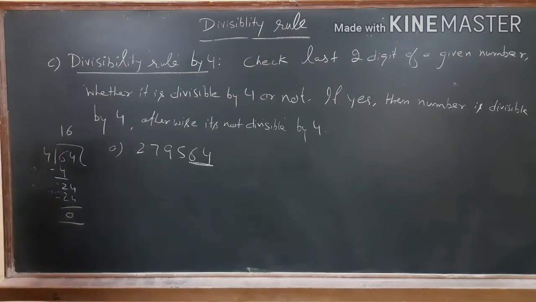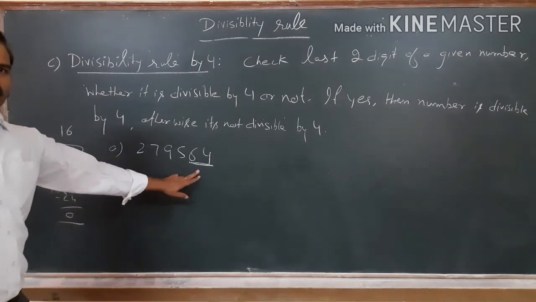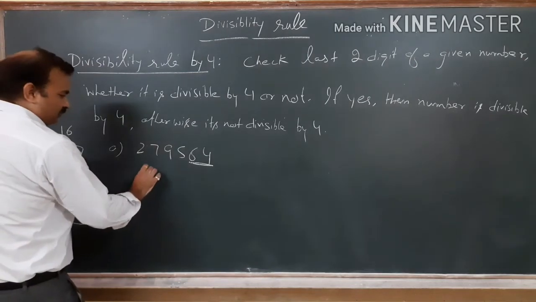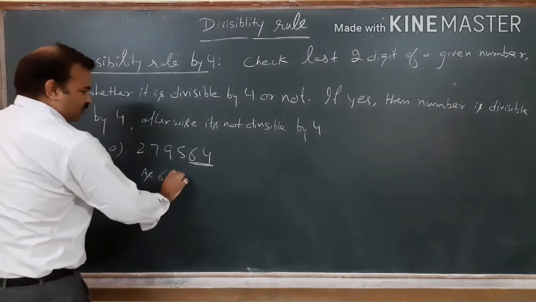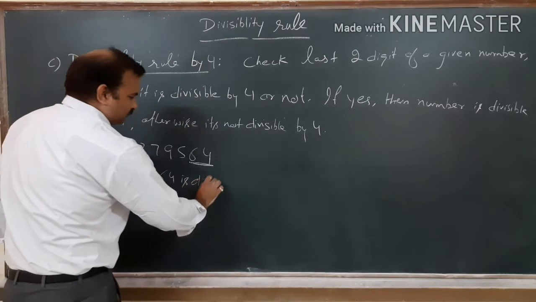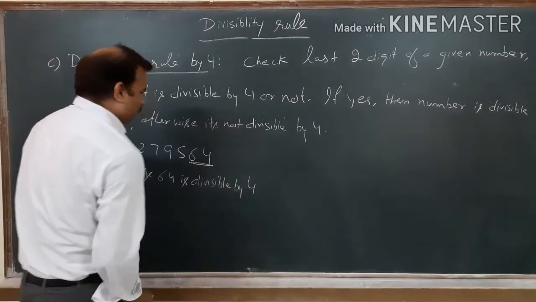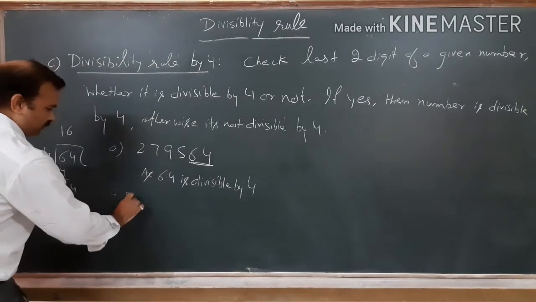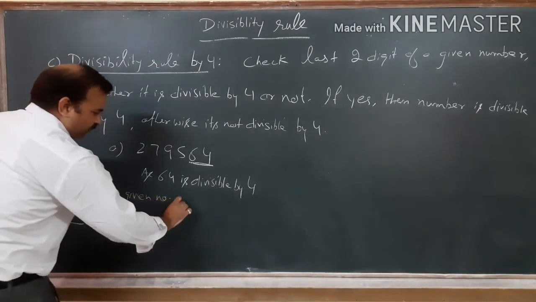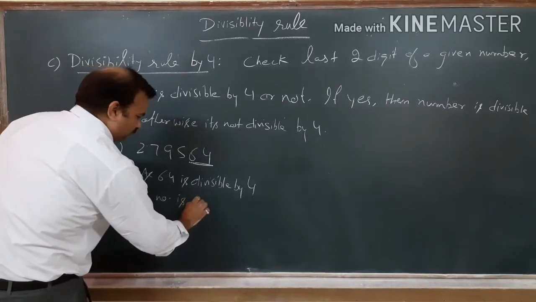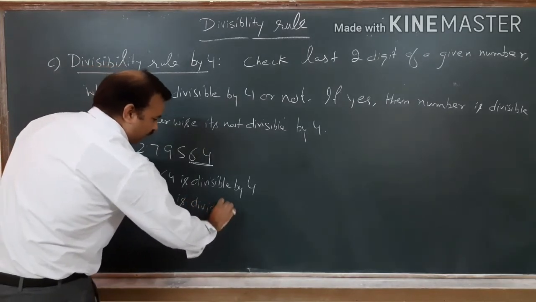Remainder comes 0. Now as 64 is divisible by 4, therefore the given number is divisible by 4.